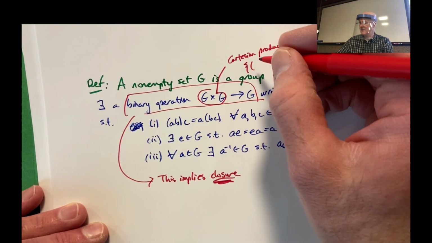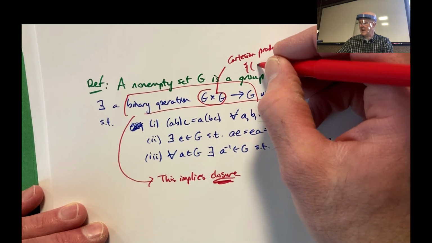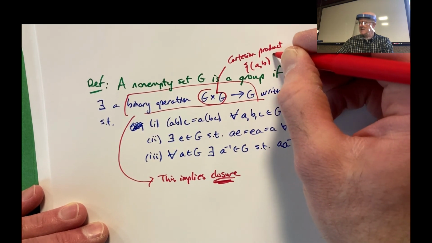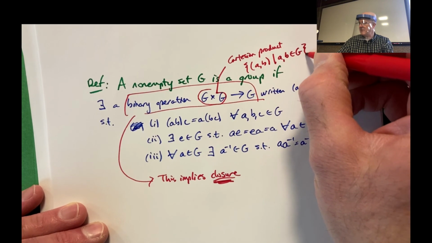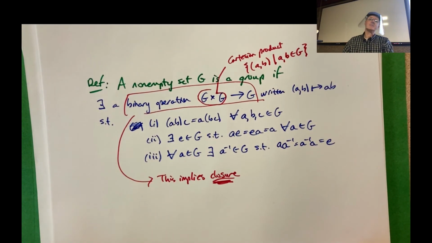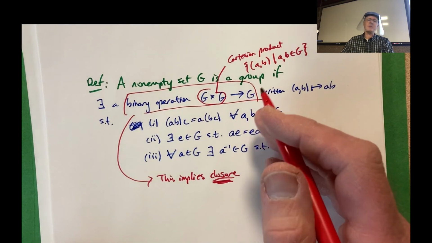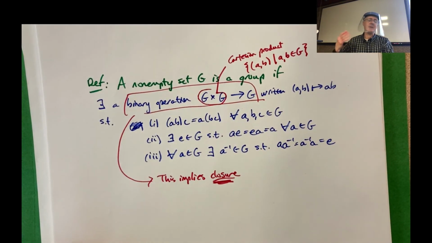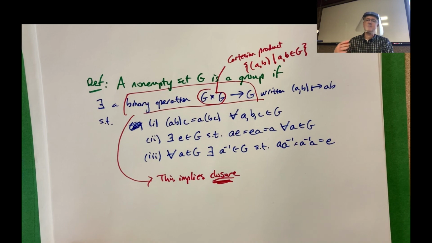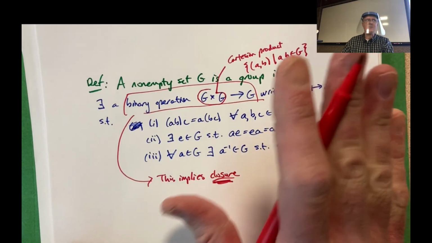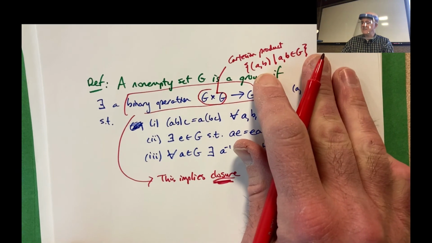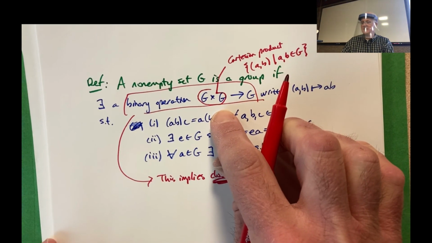So you might say the set of all ordered pairs (a, b) such that a and b are in G. Whatever G happens to be, that collection of ordered pairs, whether you're thinking of G as a finite group or an infinite group, or trying to imagine graphing this as a plane, well, you can't always think of it as a plane. That's called the Cartesian product.